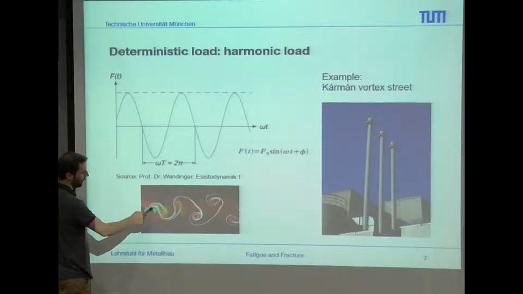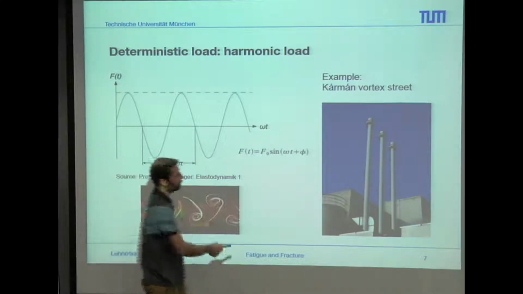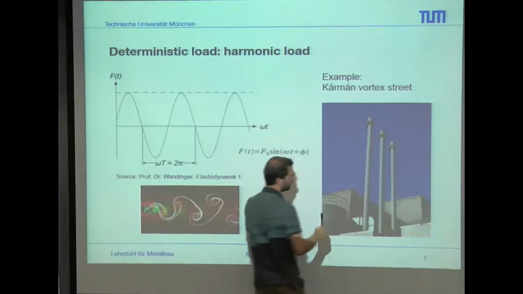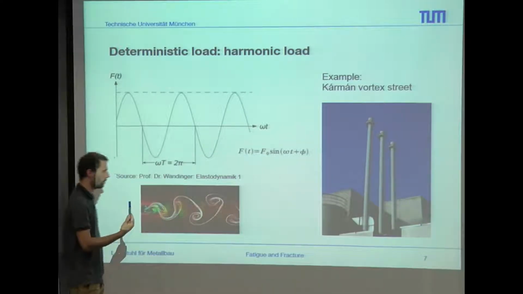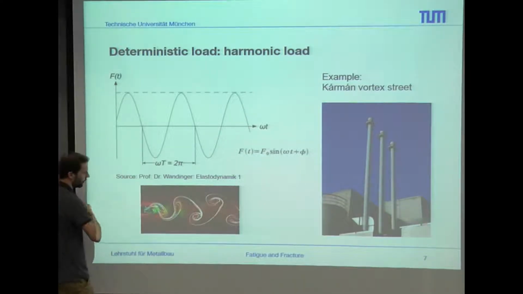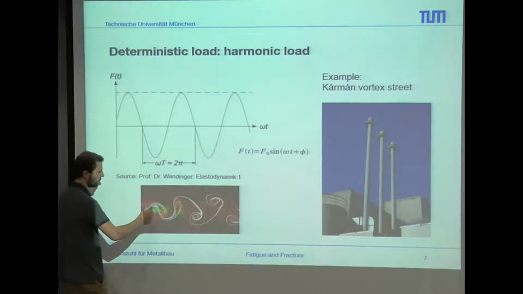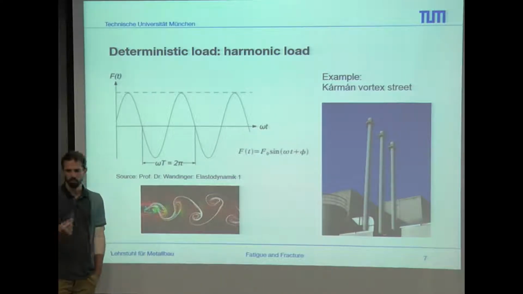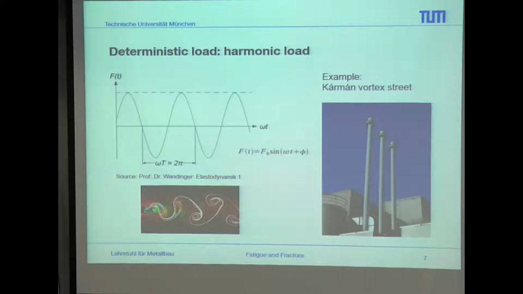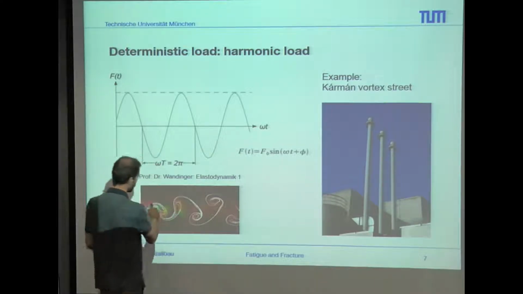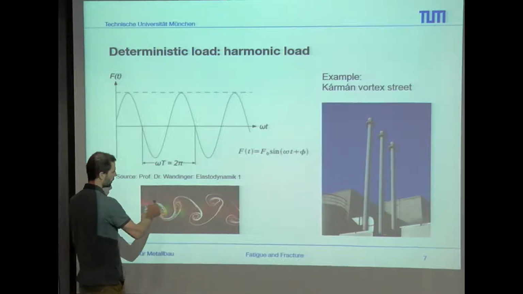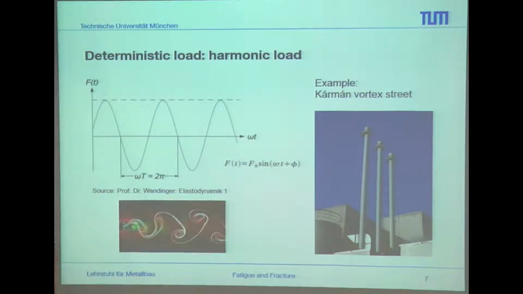So at the end, due to the shape of our chimney, so we have here a circle, due to the stream of our air, we have next to the circle some friction on the chimney, and due to this we have here this shape of the stream beyond the chimney, which is known as the Karman vortex.